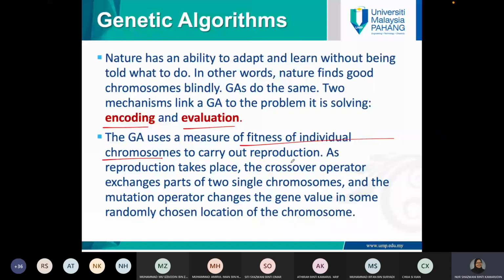As the reproduction takes place, the crossover operator exchanges parts of two single chromosomes, and the mutation operator changes the gene value in some randomly chosen locations of the chromosomes. We will explain further how we do crossover and how we do mutation on the given chromosome. Chromosome in our case here is, let's say, a sequence of binary strings.